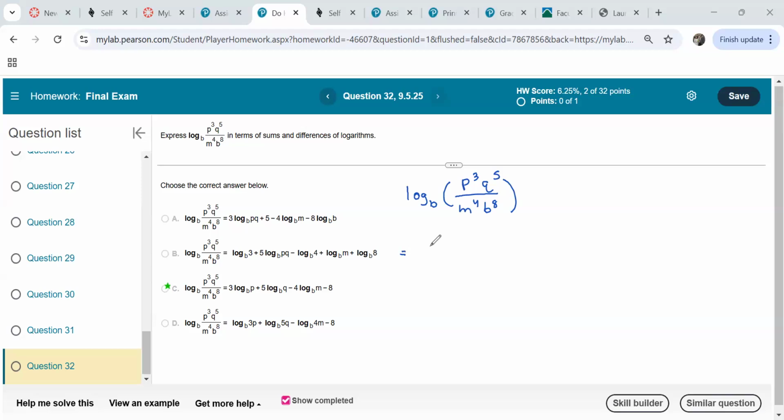So by the product rule and quotient rule, I can rewrite this as log base b of p cubed plus log base b of q to the 5th minus log base b of m to the 4th minus log base b of b to the 8th.